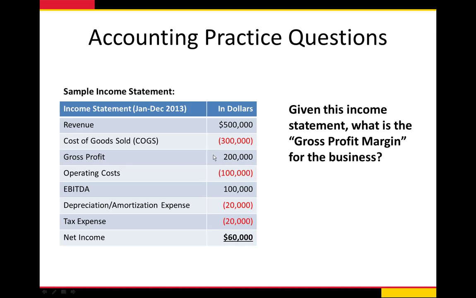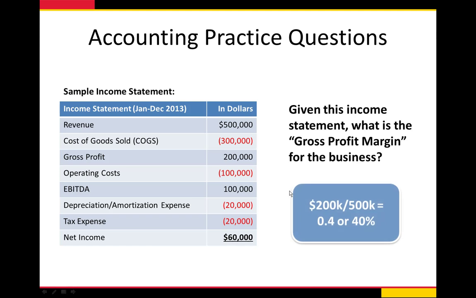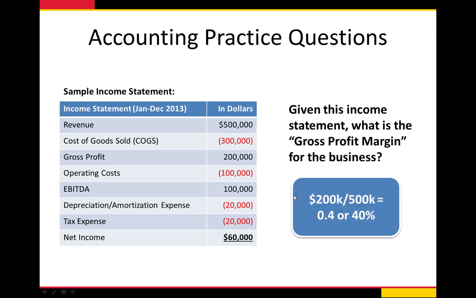We know that gross profit's $200,000. The definition I gave you for gross profit margin was gross profit divided by total revenue, or 200K in this case divided by 50K would equal 0.4 or 40%, which would be acceptable answers.